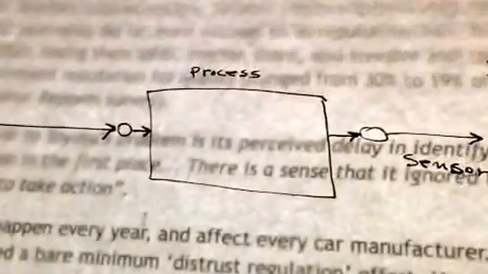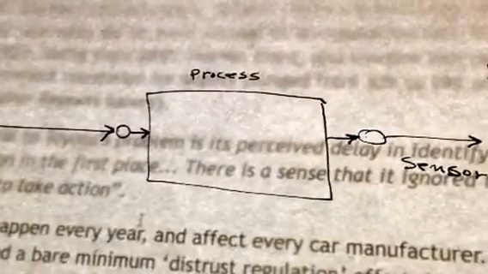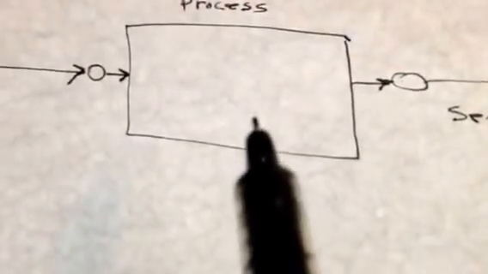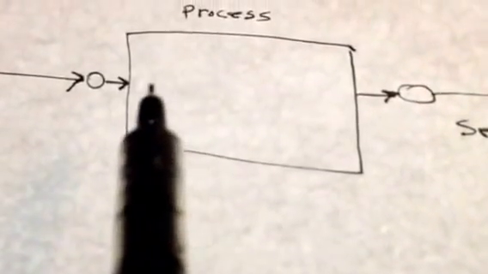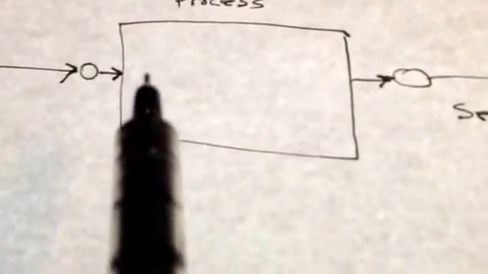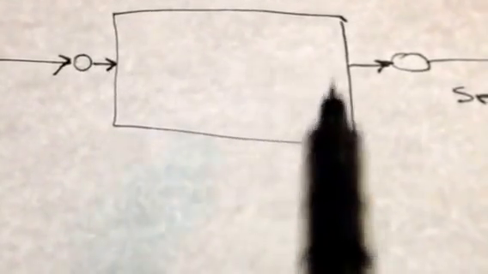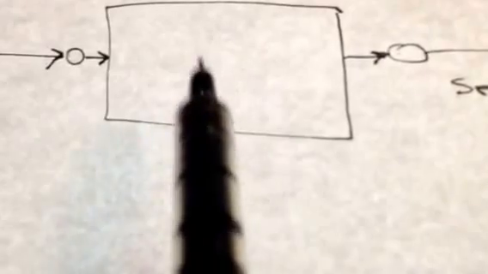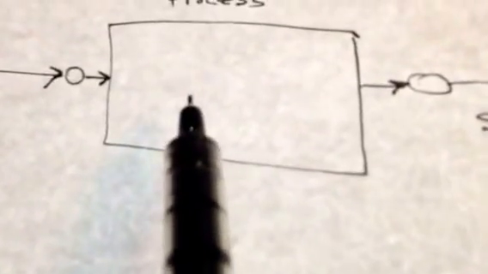The process, what is it? The process is manufacturing the cars. What is there to prevent it? The defensive culture. The defensive culture should be a supportive culture. That's what is supposed to be here in the process.